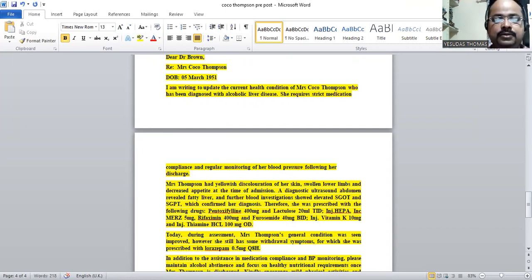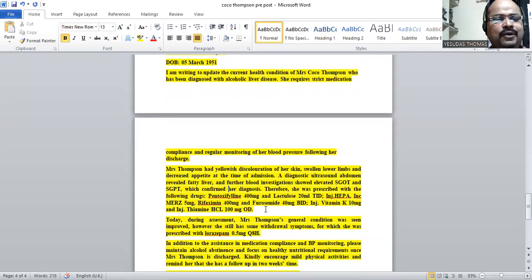Therefore, she was prescribed the following drugs: pentoxifylline 400 mg and lactulose 200 ml TID, injection HEPA-MERZ, rifaximin, and others. These drugs are listed as per the frequency: thrice a day, twice a day, and once a day.